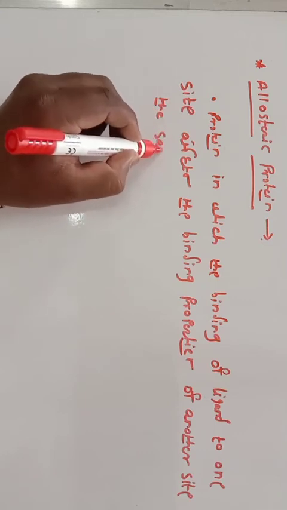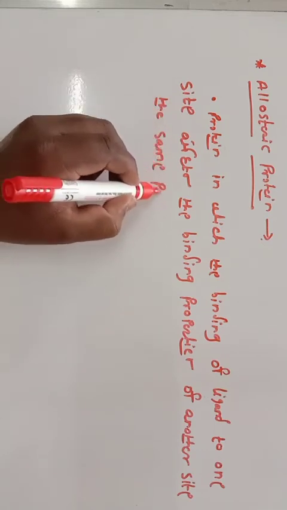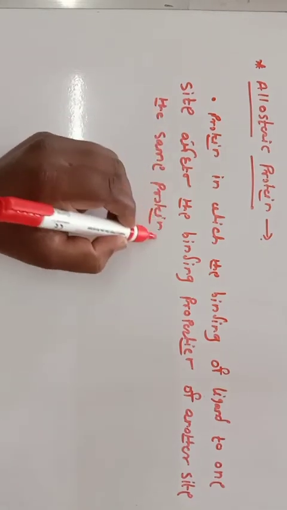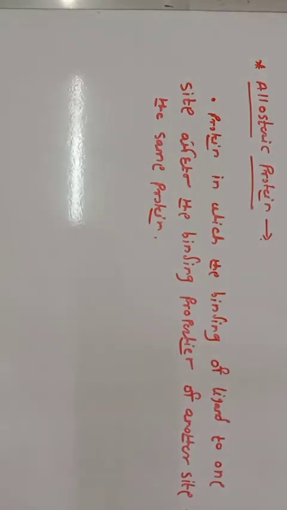So you should remember the definition of an allosteric protein. It is a type of protein in which the binding of a ligand to one site affects the binding properties of another site of the same protein.